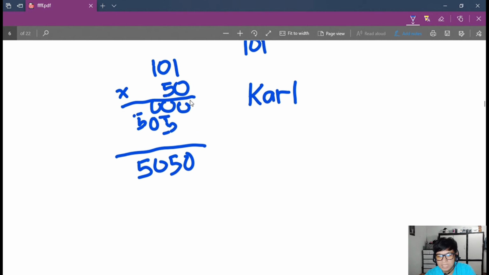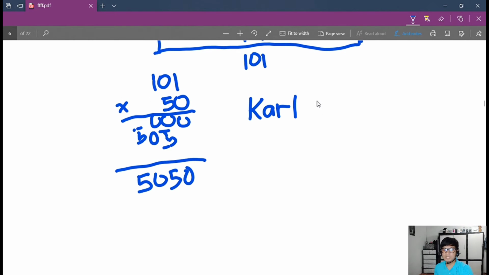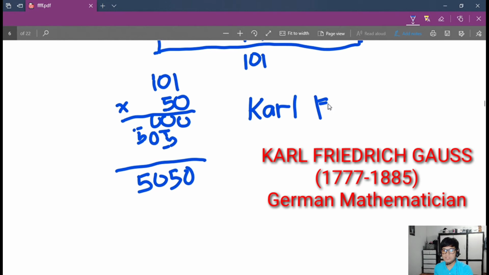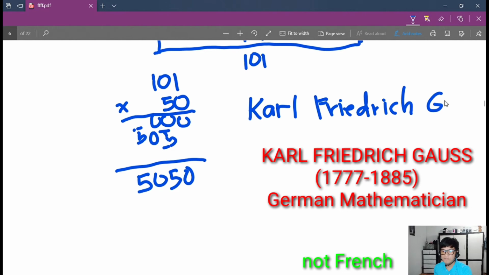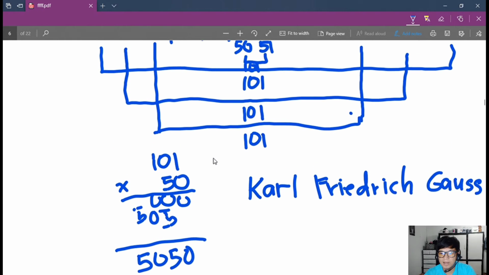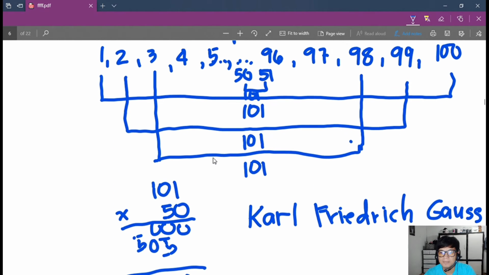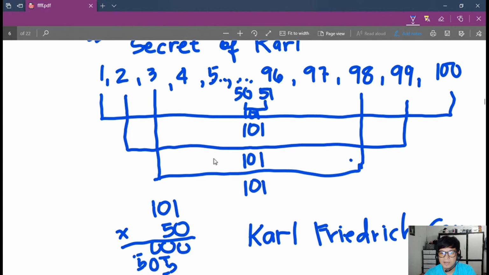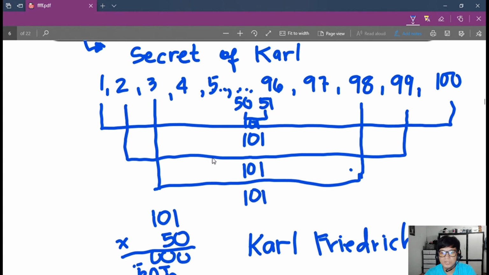So, si mathematician na ito ay si Carl Friedrich Gauss. Isa siyang French mathematician. I'm not sure kung, yes, isa siyang French mathematician. So, di ba? Galing-galing ni Carl. So, genius talaga. Mga mathematician are genius. So, yun yung secret ni Carl.